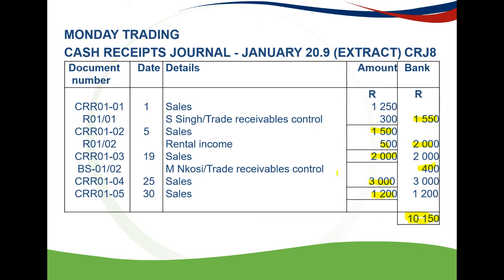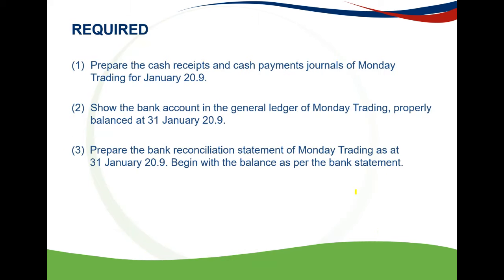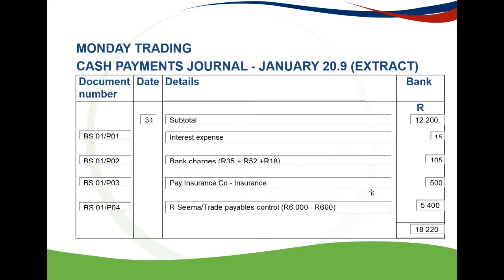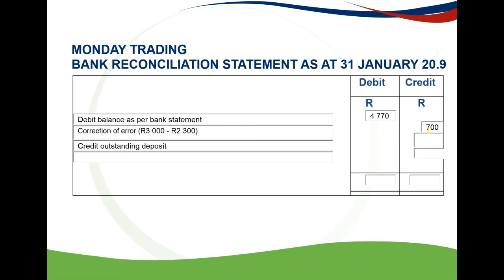With our previous one, it was the 3,000 that was shown incorrectly as 2,300 on the bank statement. And that's why we had to correct it with the 700 that still needs to be corrected on the bank statement. Now, the outstanding deposit is that 1,200 that is on the CRJ, but it's not in the bank statement.